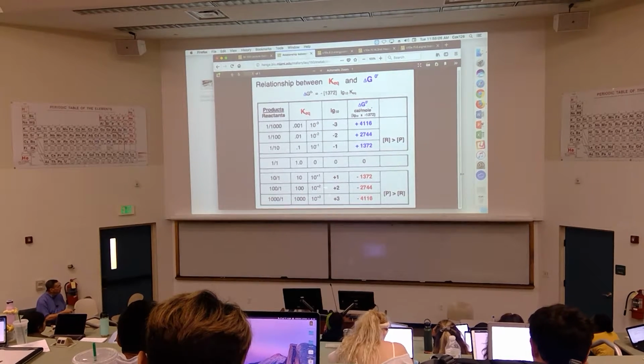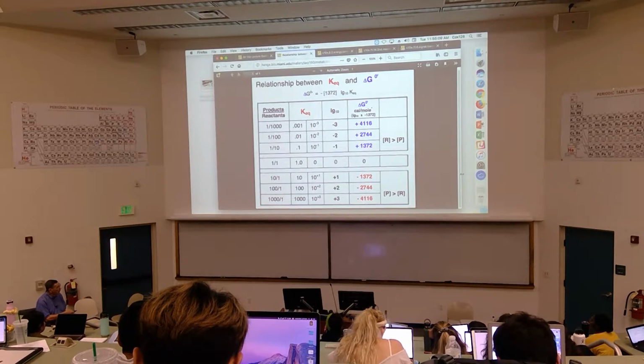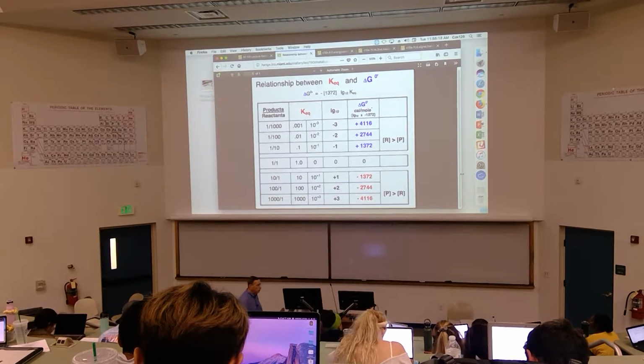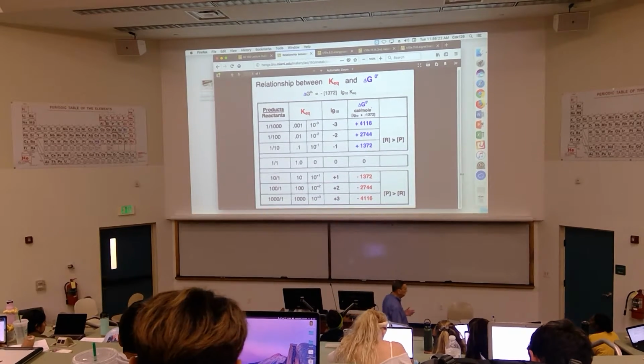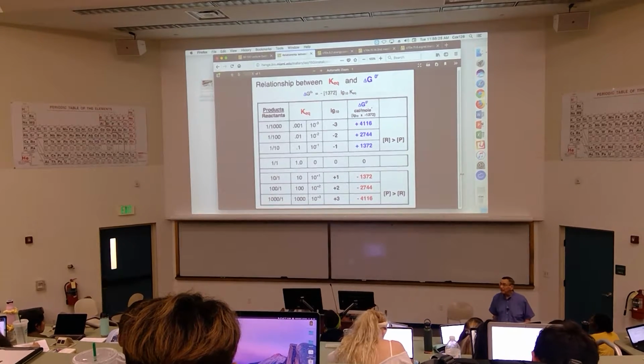If I put the numbers in now, I have plus 3 times a minus, which becomes minus 4116. The product is easily converted to reactant. So what do I have? I have a system in which I can measure whether the free energy change is positive or negative. If it's negative, the reaction is going to occur.